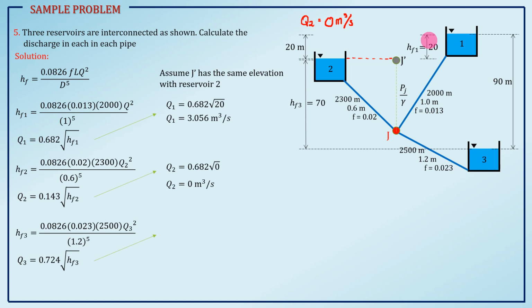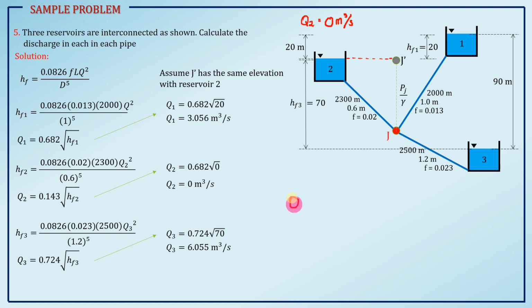Now, if you have your Q3, that is equal to 0.724 square root of 70. So, Q3 is 6.055. Now, what do we realize from the given? Q1 is 3.056, your Q2 is 0, and Q3 is bigger.